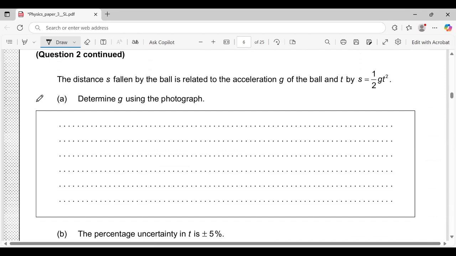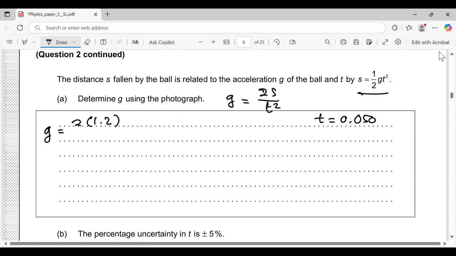Okay. So based on the information that s equals 1/2 g t squared, we can rearrange this formula so that g equals 2s over t squared. If t equals 0.050, then g equals 2 times 1.2.